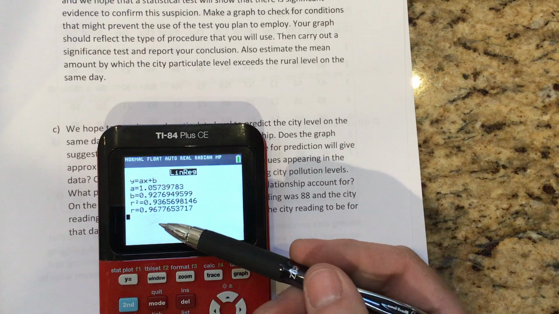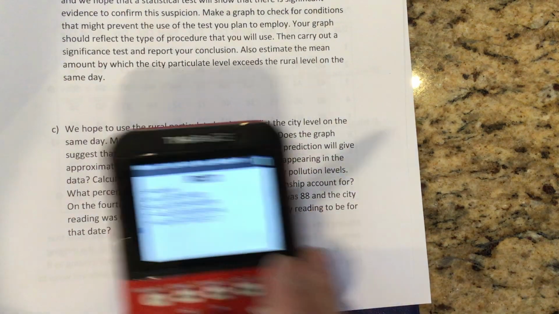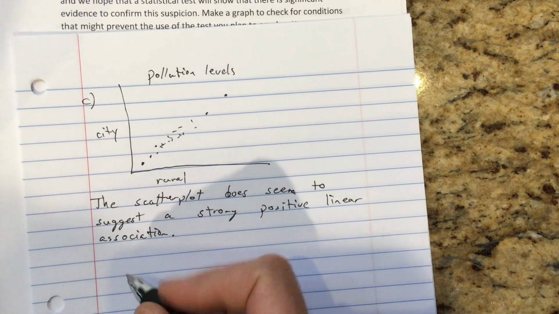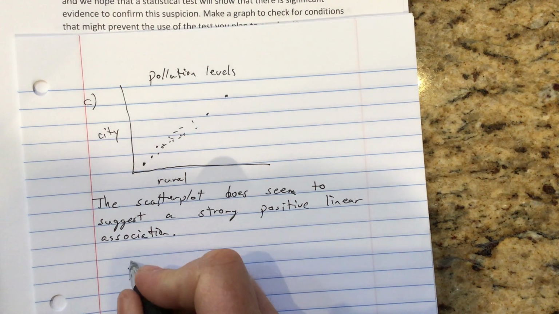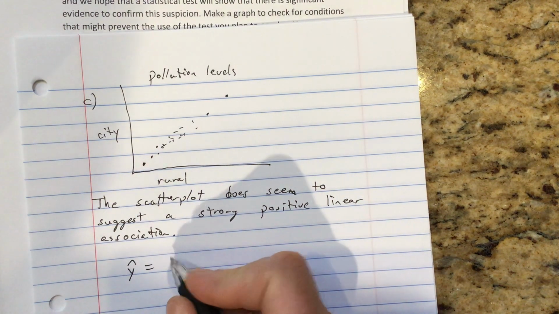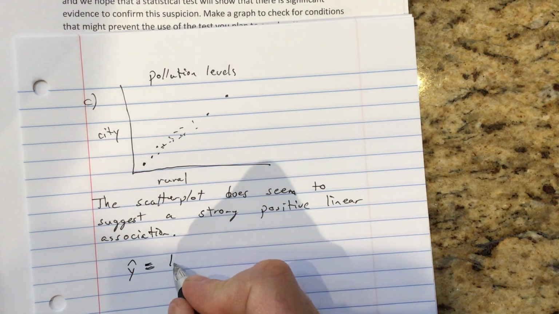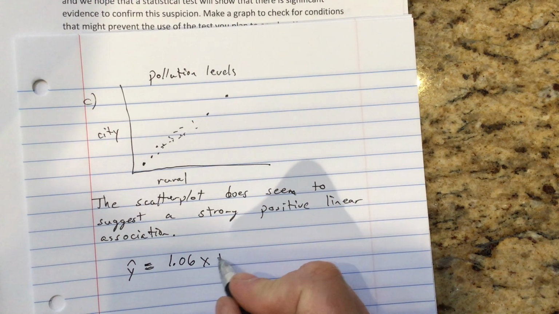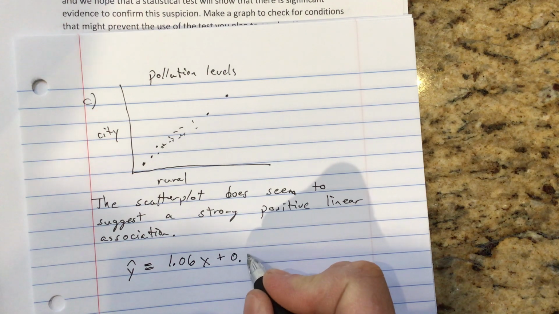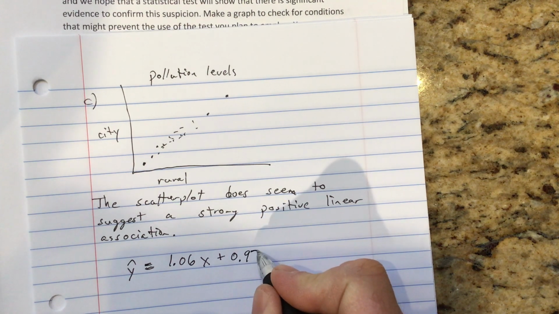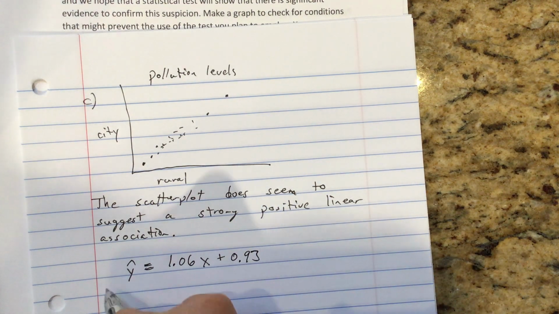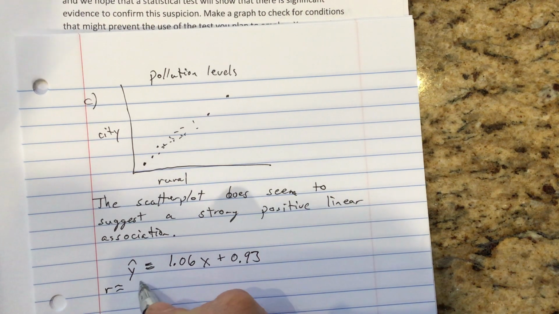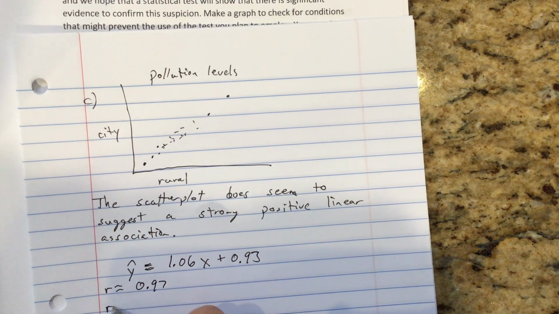And sure enough, a pretty strong correlation right there, right? So y hat is approximately 1.06x plus 0.93. And we have a correlation of approximately 0.97 and an r squared of approximately 0.94.